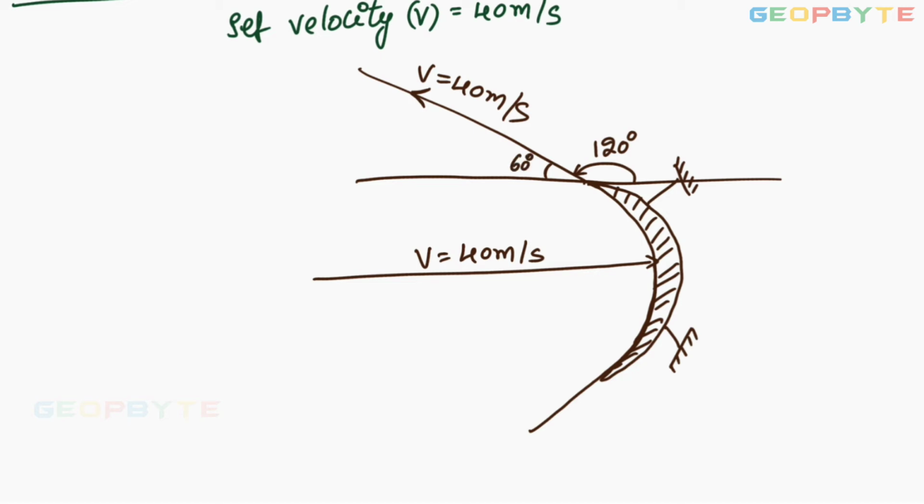That means the jet is deflecting at an angle 60 degrees with respect to horizontal. Then it is developing two components of velocities. This is the vertical component of velocity v sin 60, and this is the horizontal component of velocity v cos 60.